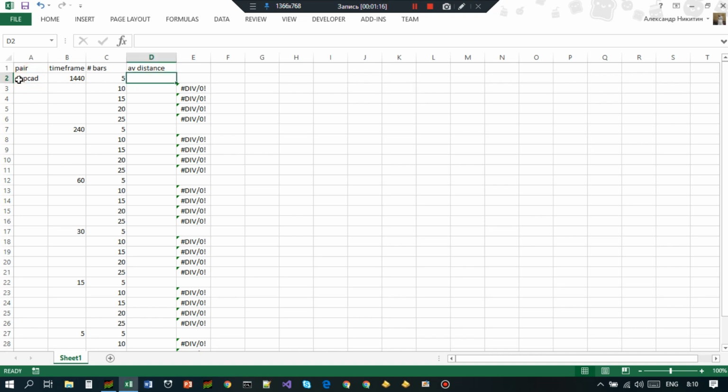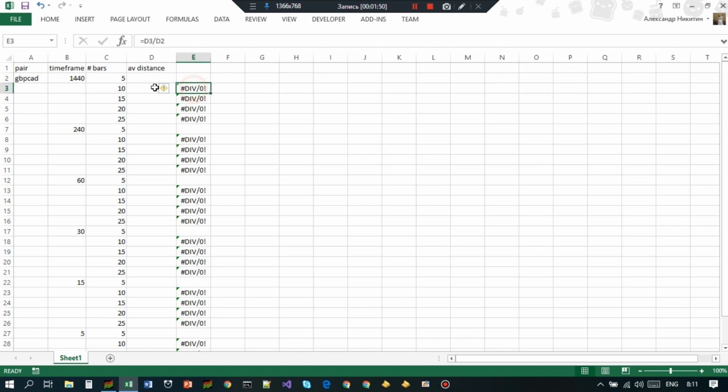I calculated this, I created this. So this is the pound Canadian, this is the time frame, very simple. Here is the first algorithm that I'm going to use, find extreme within the period of bars. So this is the 5 period, 10 period, 15, 20 and 25. I will calculate the highest high of the last 5 bars and the lowest low of the last 5 bars, and calculate the average size of the swing it produces in pips, and I will type it here.